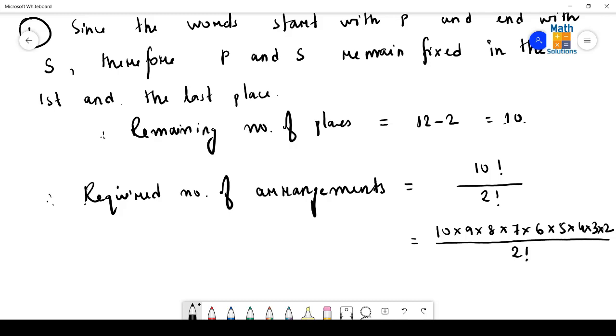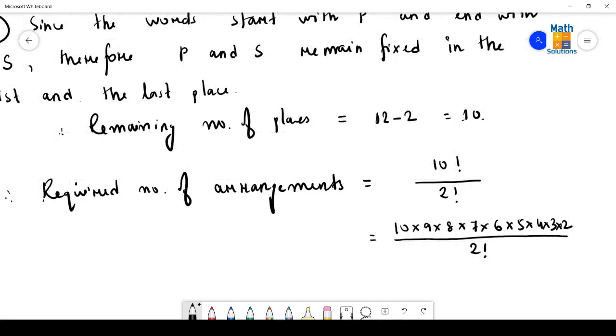Let us keep 2 factorial with this part. 2 factorial here, 2 factorial gets cancelled. Multiplying the rest of the terms, we shall be getting the result 1814400. So this is the total number of arrangements for the first question.